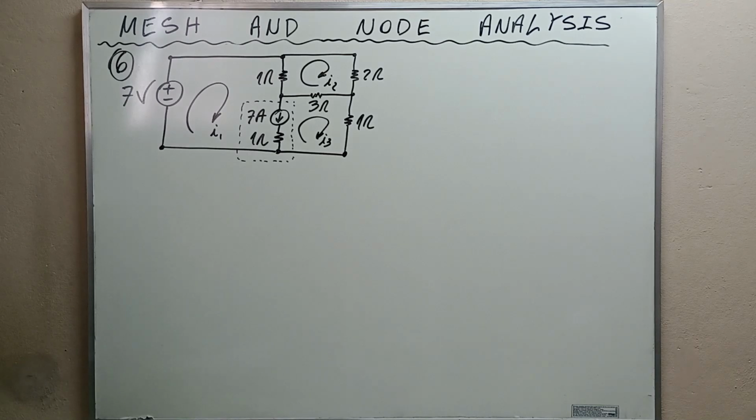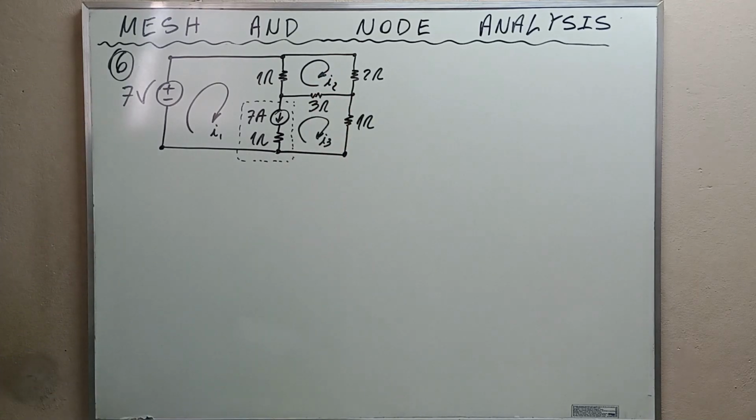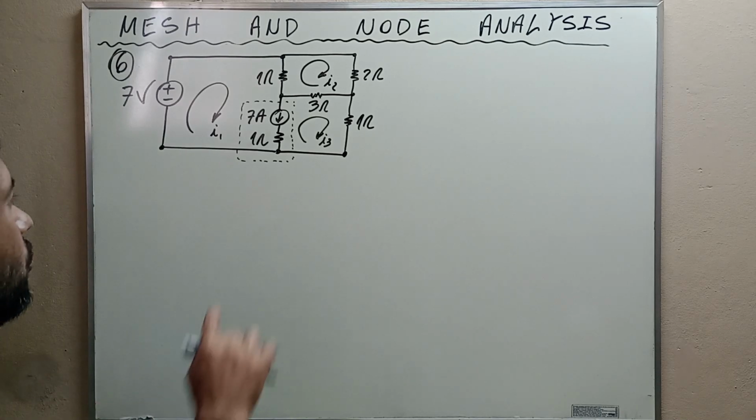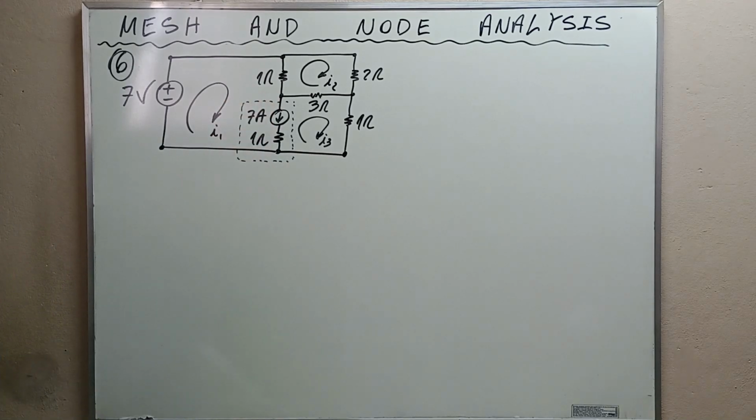I3, okay? And applying KVL to mesh 2, this here, we obtain that, firstly, let's consider this 1 ohm resistor.